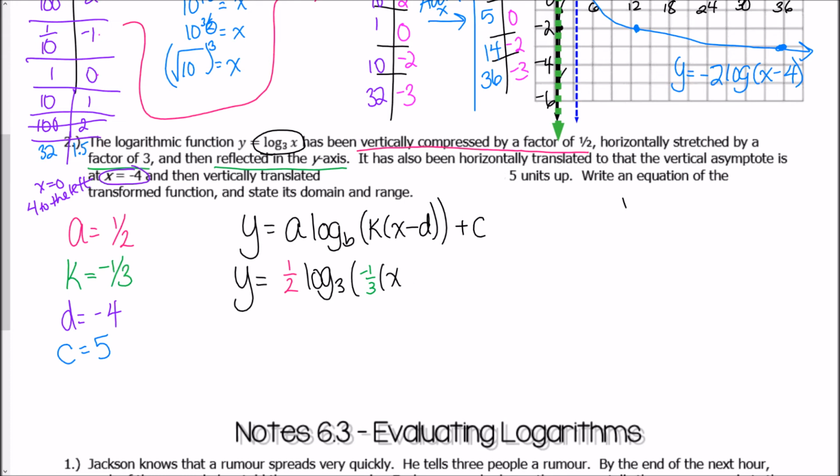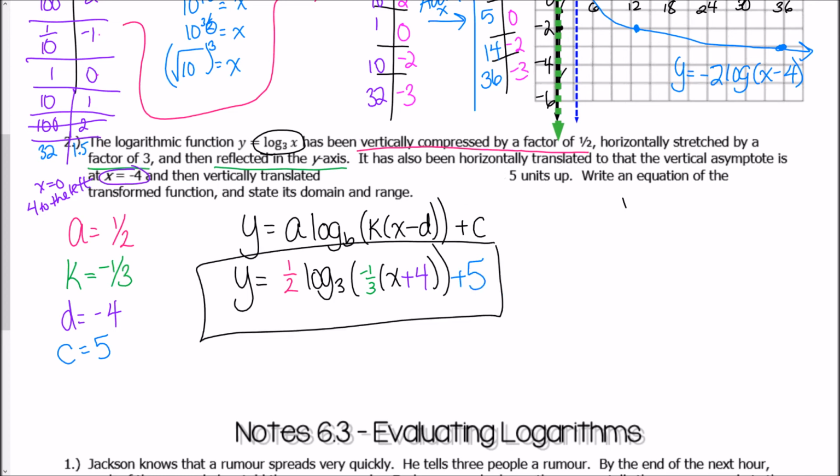This minus d becomes +4, so we have a +4, close those brackets, and then plus c, so we're going to say +5. And this right here is our transformed function.